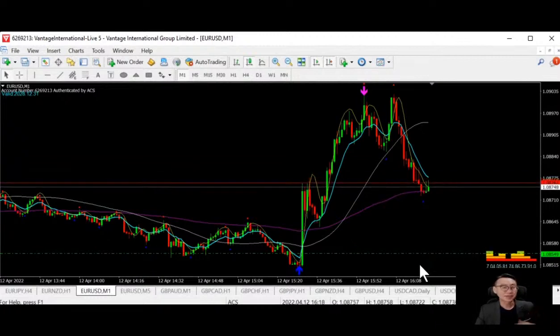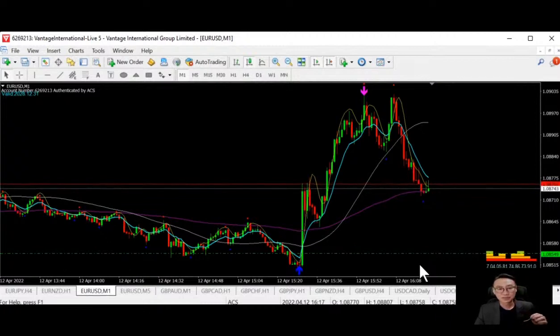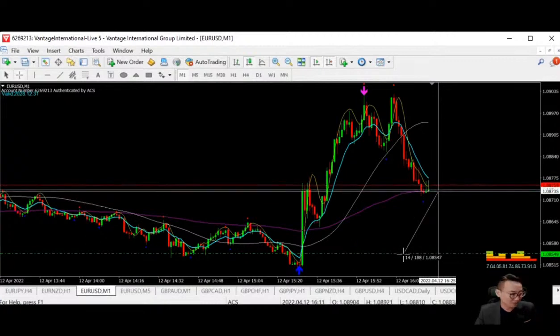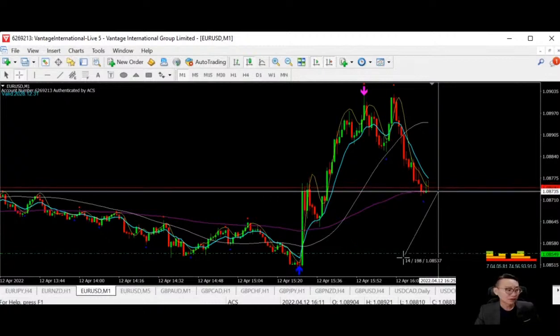my formula. When I enter a trade, I will exit my trade 25% above the support level. So let's say it's 20 pips. 20% of 20 pips is 4.5 pips, about 5 pips.